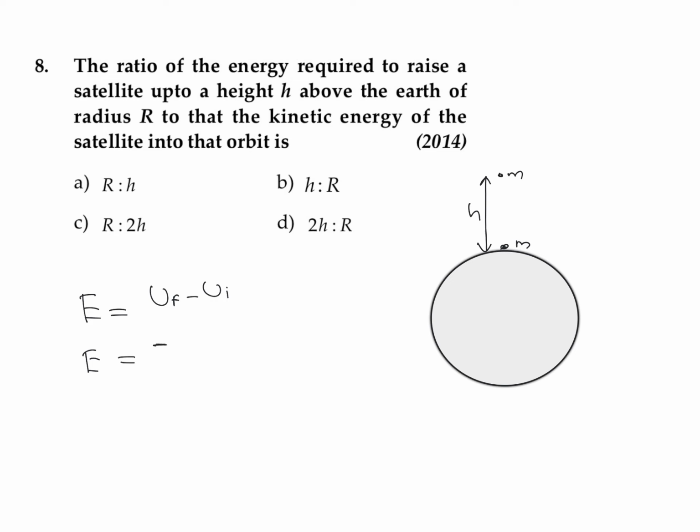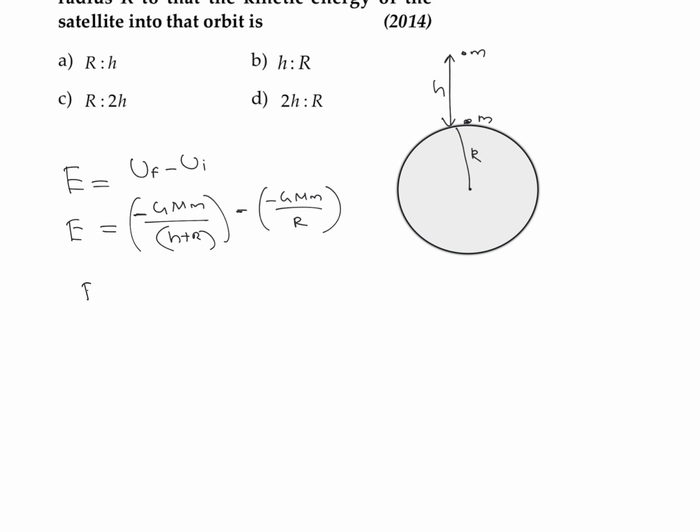So the final potential energy we can take as minus GMm divided by the distance from the center, r plus h, and the initial potential energy is minus GMm divided by r. Taking GMm as common, the remaining thing is minus 1 divided by (h plus r) plus 1 divided by r.